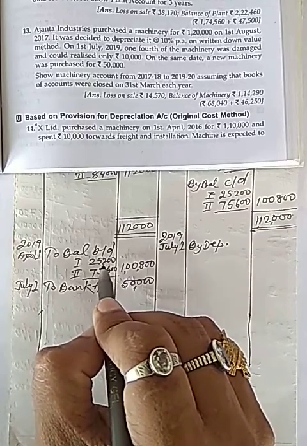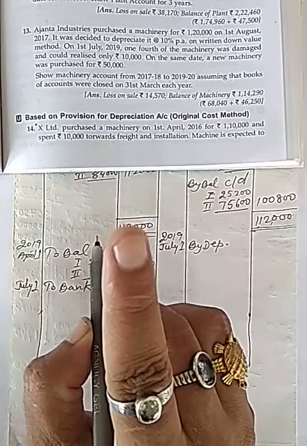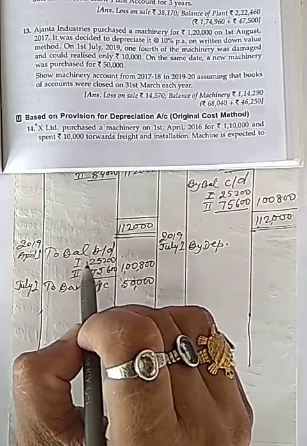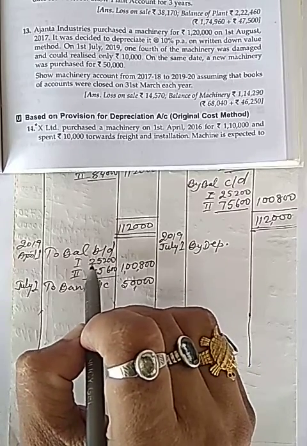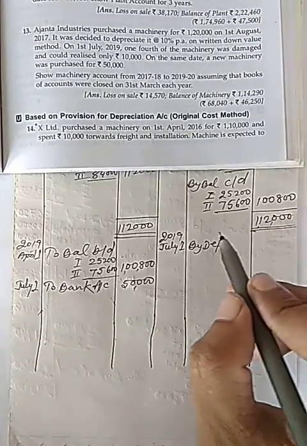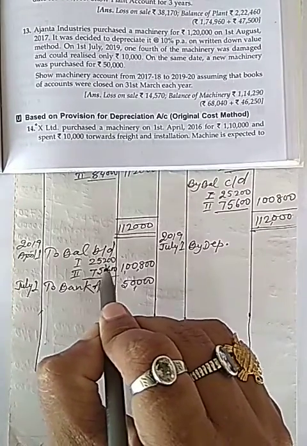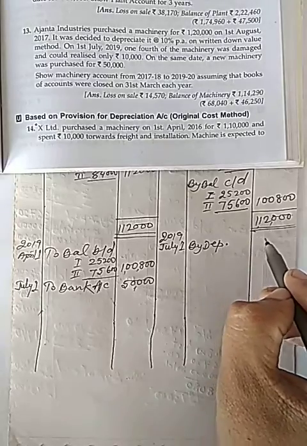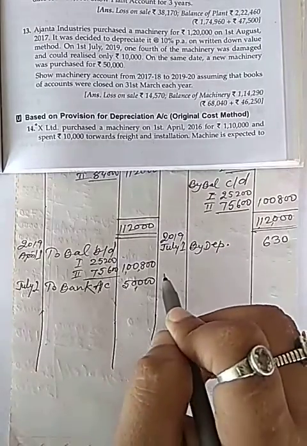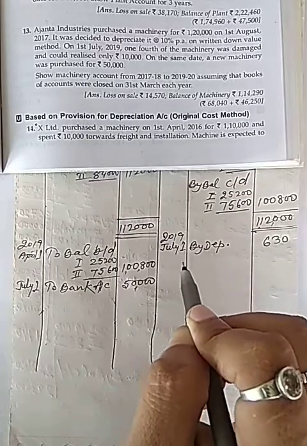2,520 for 1 year, and we have to calculate depreciation for 3 months. So it will be 630 because 3 months is the 1/4 of year.